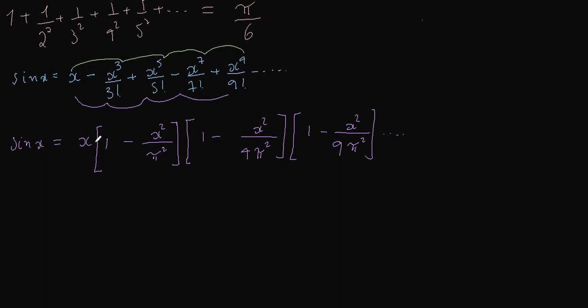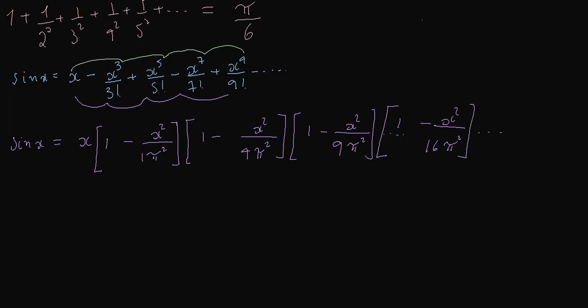So the pattern here is there's always a 1, there's always an x squared, and in the denominator there is always a pi squared, but the numbers multiplying it go as 1 squared, then 2 squared, which is 4, 3 squared, which is 9, and let's start another term: 1 minus x squared over 16 pi squared, and so on to infinity.